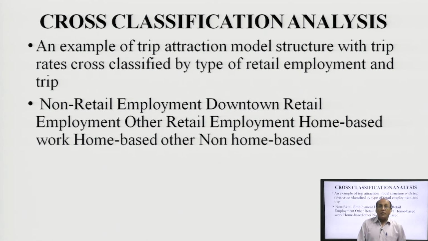An example of a trip attraction model structure with trip rates cross classified by type of retail employment and trip type: non retail employment, downtown retail employment, other retail employment, home based work, home based other, non home based, etc.